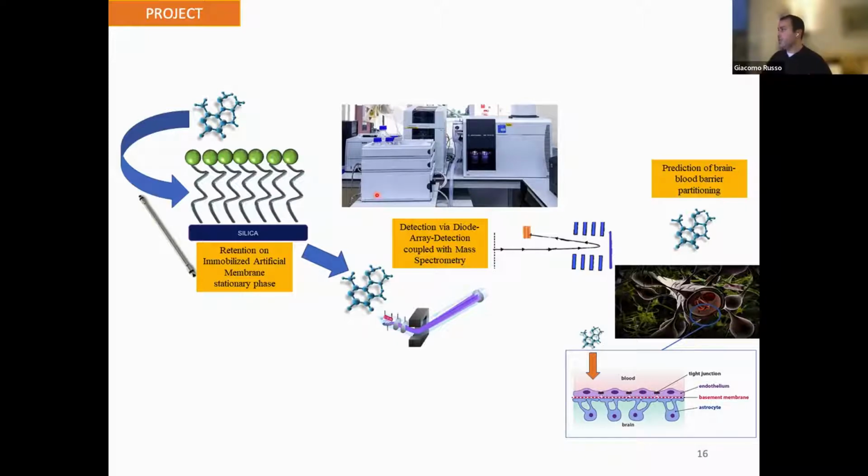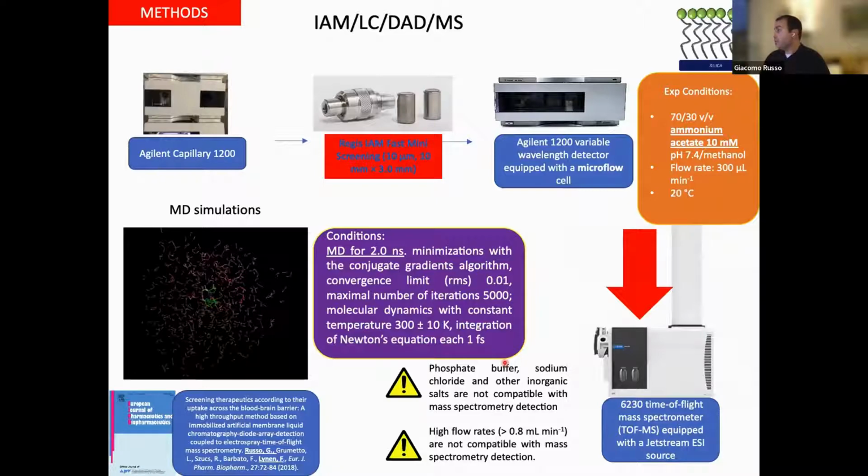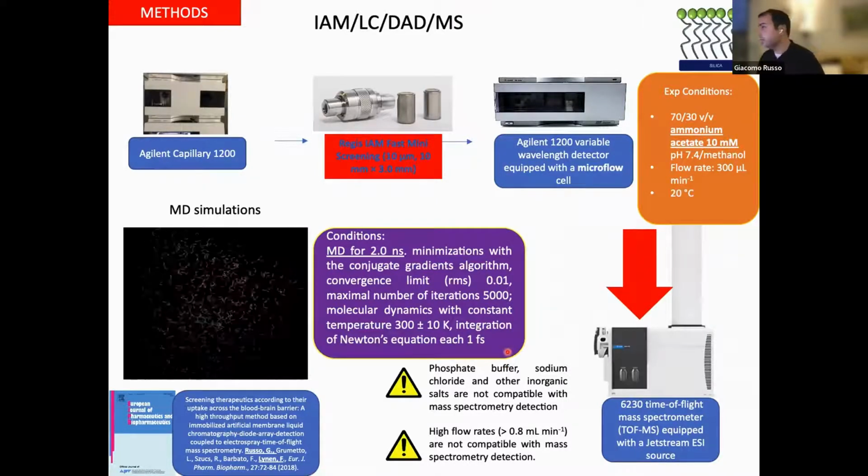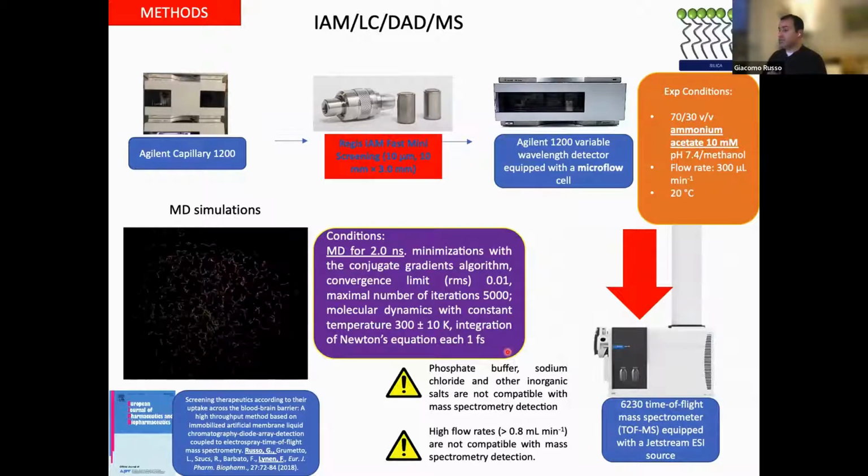You cannot just apply the conditions that you have in UV to MS for a number of reasons, specifically because the phosphate buffers that we use in LC-UV to mimic the physiological microenvironment are unfortunately not really compatible with mass spectrometry, because they can seriously contaminate the ion source, thus reducing and suppressing the intensity of the signal.